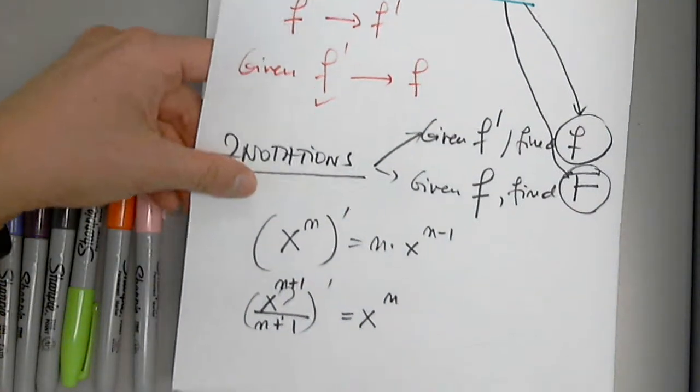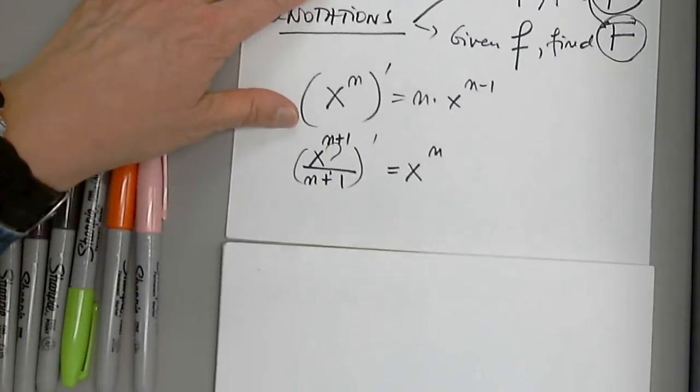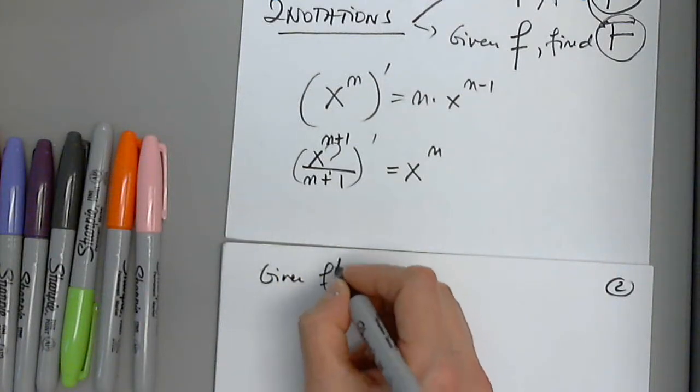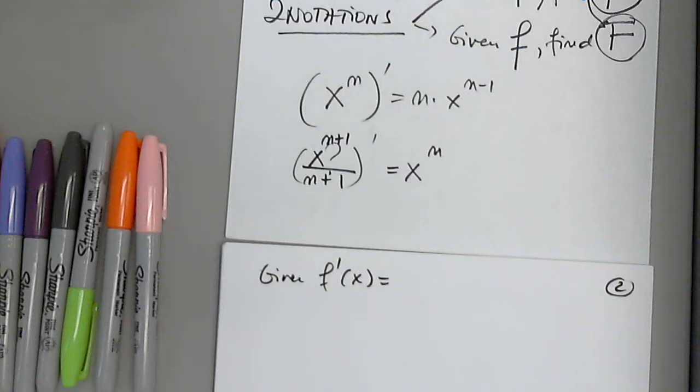So let's look at a couple of examples before we move on. Given f prime, I let you choose. We have your book. If you don't want to choose, I'll choose. Oops, wrong book. Okay, this is 4.9. The problems are on page 349.